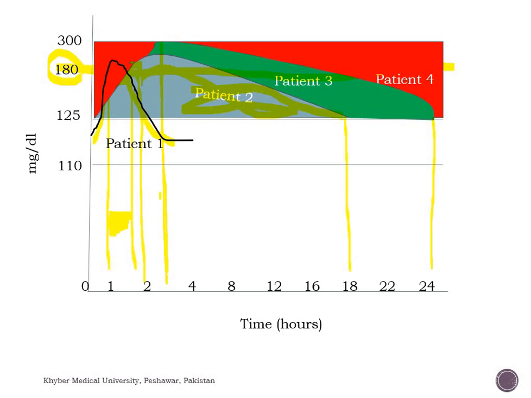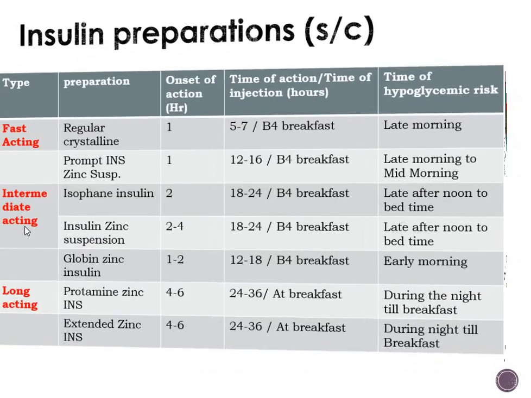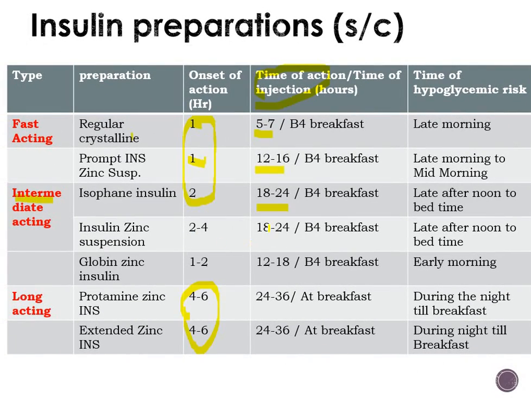So what to do, you can combine now regular insulin to cover this region from 1 hour till this initial 3 hour time. So you can give regular insulin for this patient 3, and then a combination of long acting or intermediate acting insulin, because it is going to cover this particular duration of action of time.